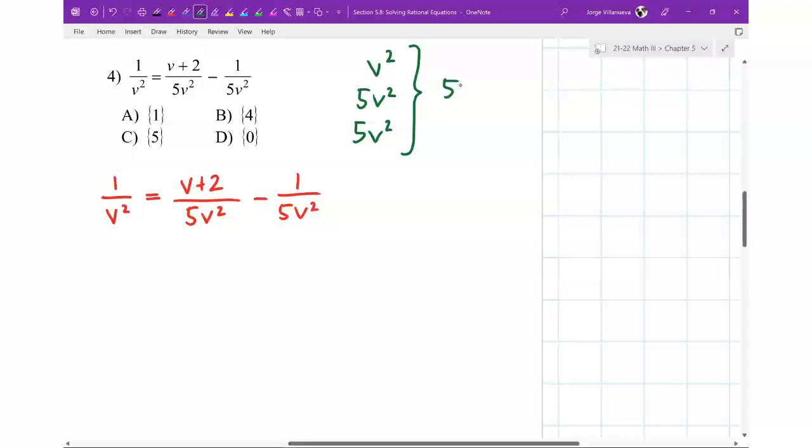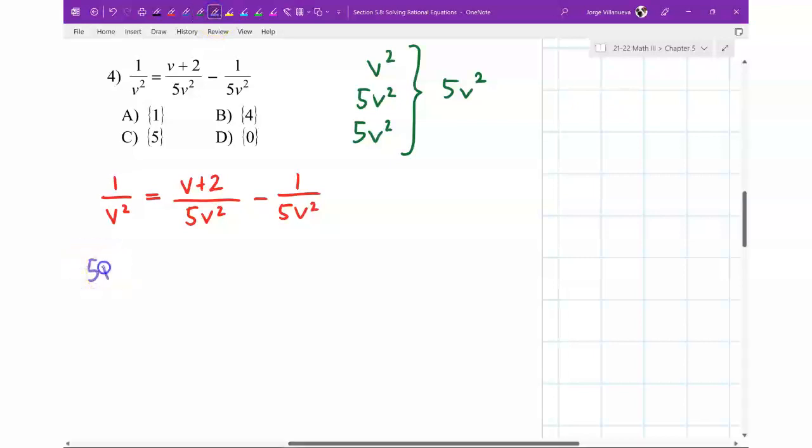And then for the letter, notice how they're all v to the power of 2. So v squared. If one of them was v to the power of 4, then you would have picked v to the 4th. You always pick the letter with the highest power. So I'm going to multiply everything by 5v squared.